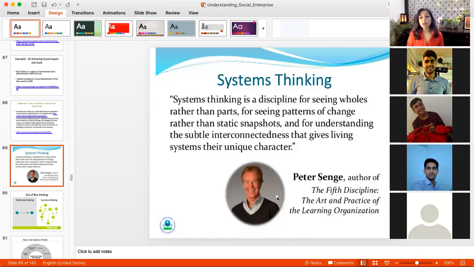So systems thinking is also a very holistic, encompassing perspective. It's a discipline of seeing the whole rather than the part, as you can see in the definition reflected on your slide here. This definition is given by Peter Senge, author of The Fifth Discipline: The Art and Practice of the Learning Organization.